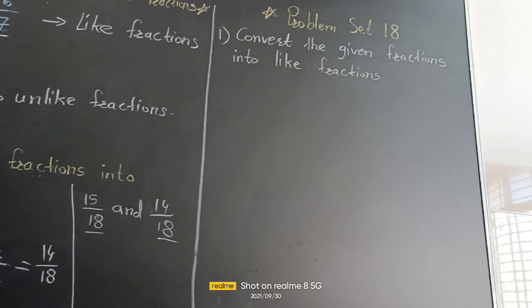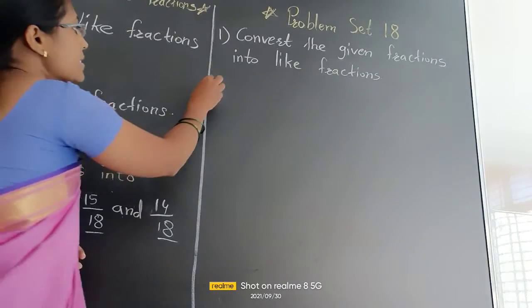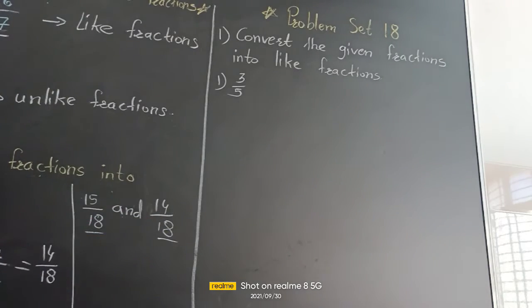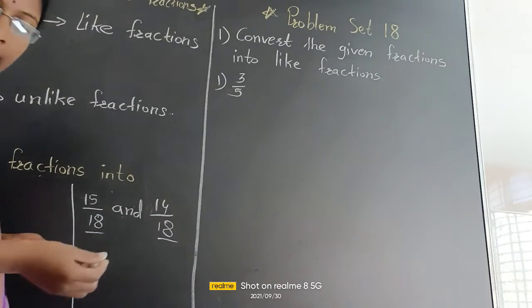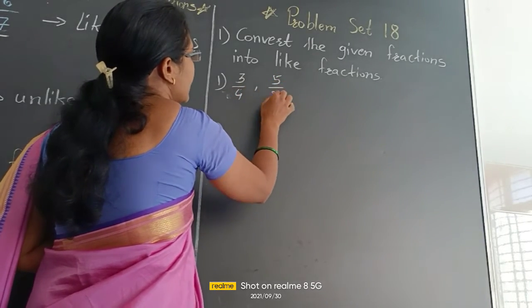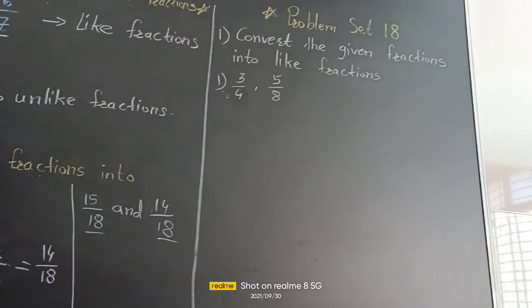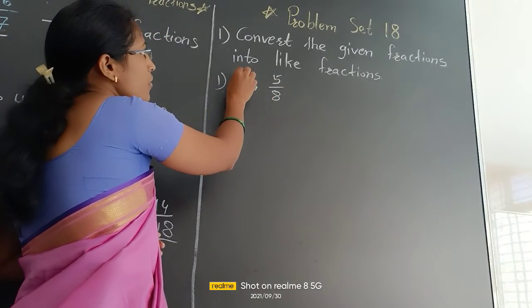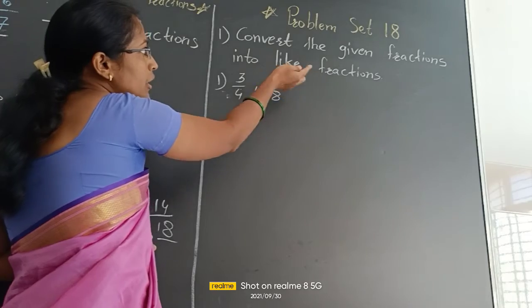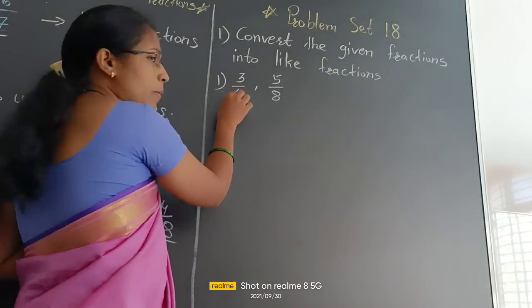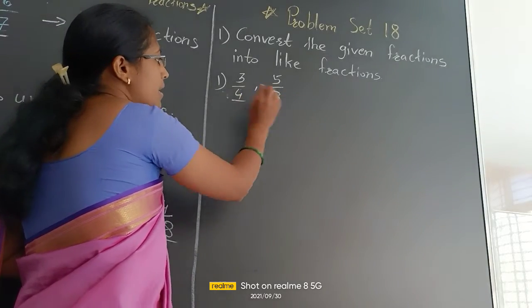Here our first example is given: 3 upon 4 and 5 upon 8. Okay, this is our first example and we have to convert it into like fractions. This is an unlike fraction because here the denominator is 4 and here 8.